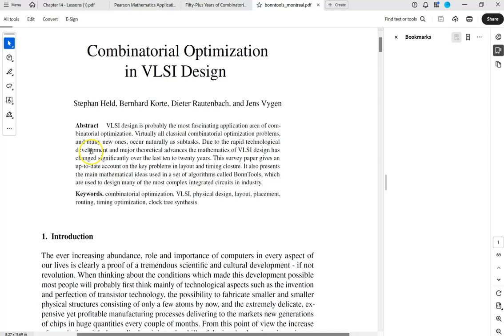Due to the rapid technological development and major theoretical advances in the mathematics of VLSI, design has changed significantly over the past 10 to 20 years. This survey paper gives an up-to-date account on the key problems in layout and timing closure. It also presents the main mathematical ideas used in a set of algorithms called BonnTools, which are used to design many of the most complex integrated circuits in industry.